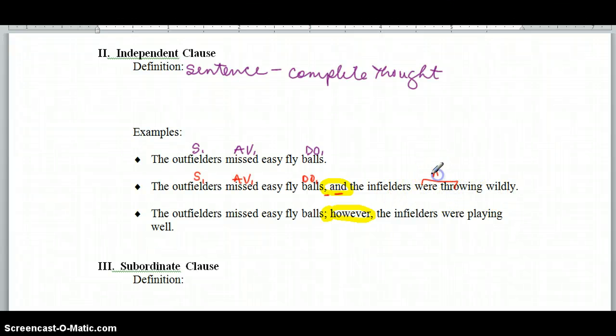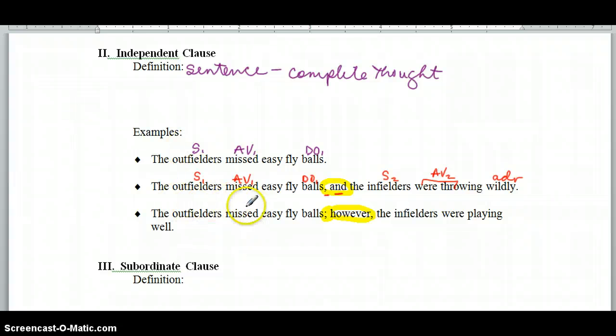Here's another action verb, except the subject of this action verb is infielders. And in this case, wildly is an adverb. And notice these subscripts are helping me see which verbs and which subjects form a pair. Now, comma fanboys, comma and, but, for, and, nor, yet, or so are correct ways to join two sentences.